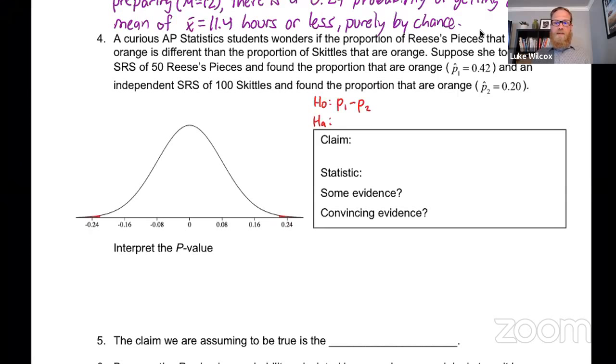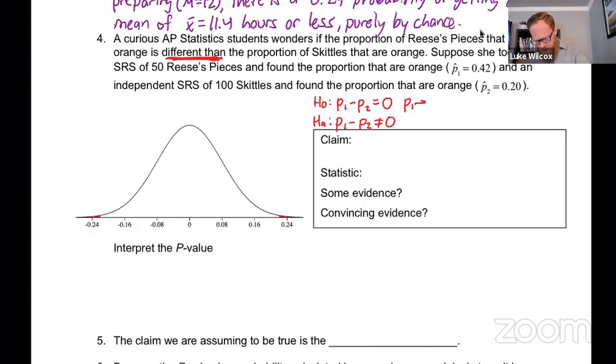And we know that the null hypothesis would say that the two proportions are equal, which would mean that the difference between the two proportions is equal to 0. Now, to get our alternative, we have to look back at the wording of the question here. And it says different than. So we don't really know if it's going to be higher for Reese's Pieces or higher for Skittles. This is a two-sided alternative, which says not equal to 0.